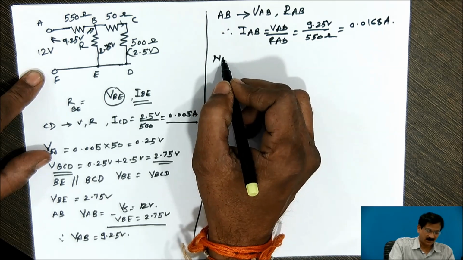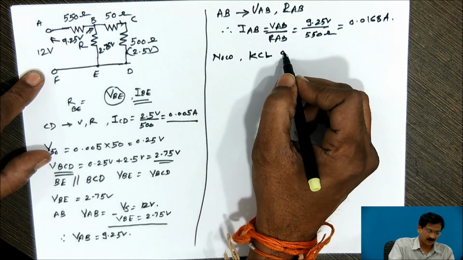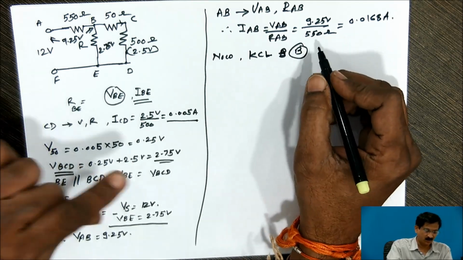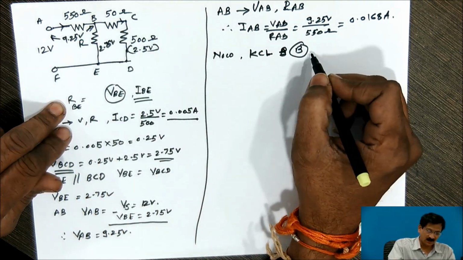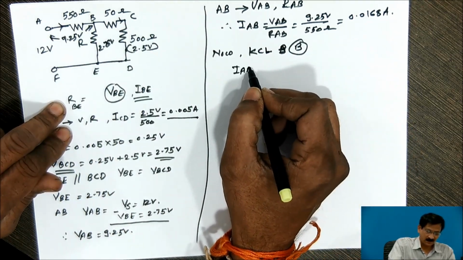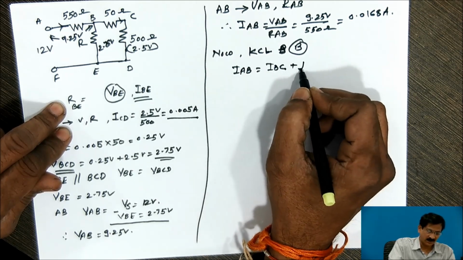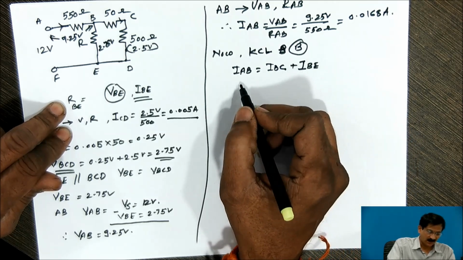Now let us apply KCL at node B. Here, current IAB must be equal to IBC plus IBE. That means IAB is how much?